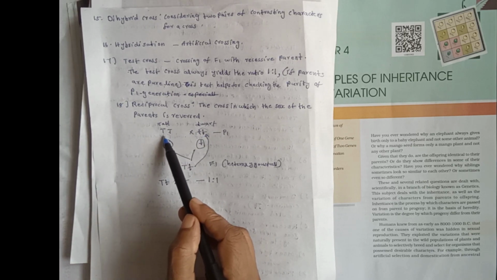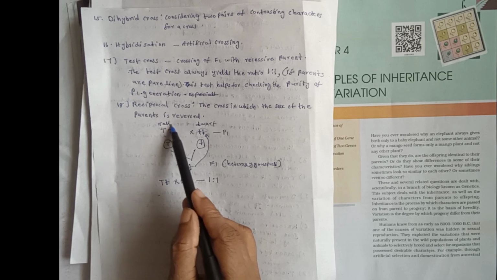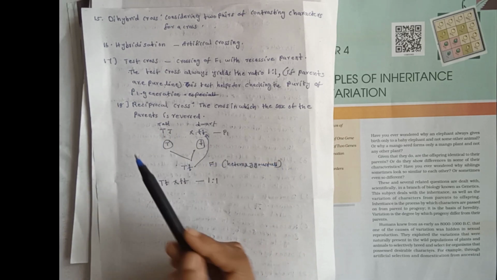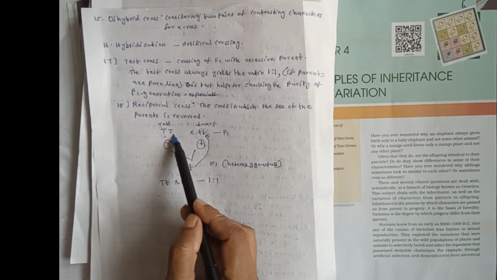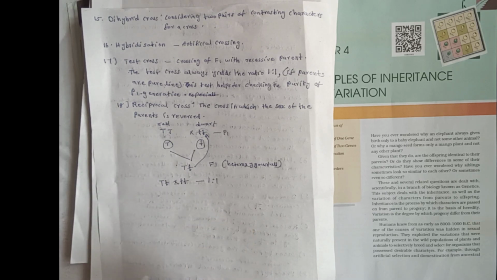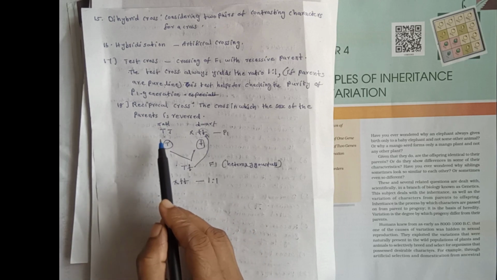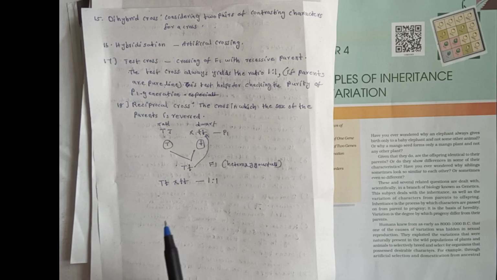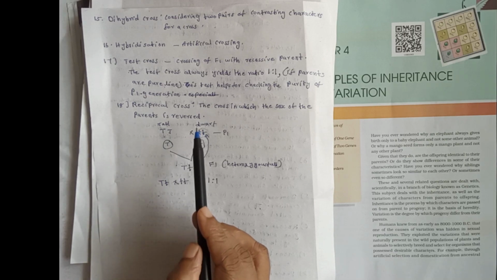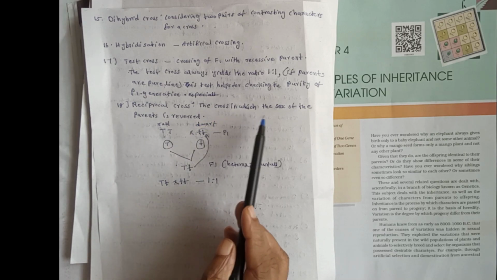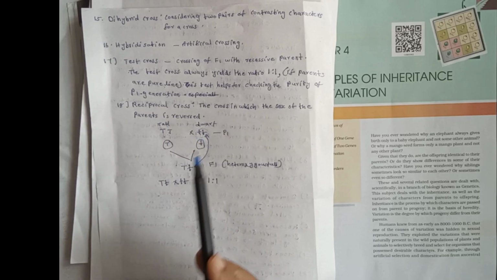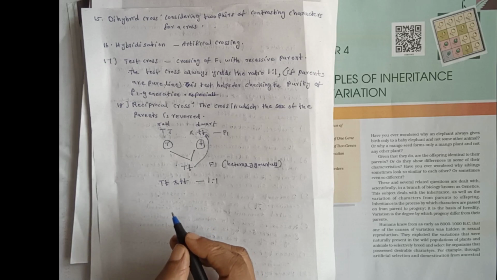In the first test we take this plant as female, then in the next test we can take it as male. We can alternate, but the result is the same. Reciprocal cross means crossing in which the sex of the parents is reversed. The result is the same.